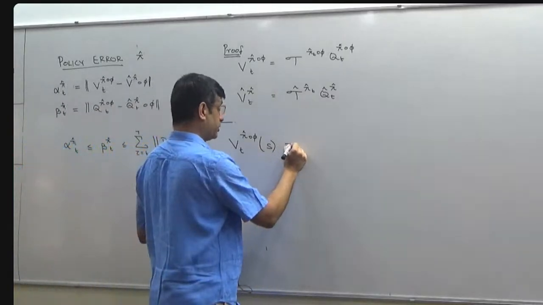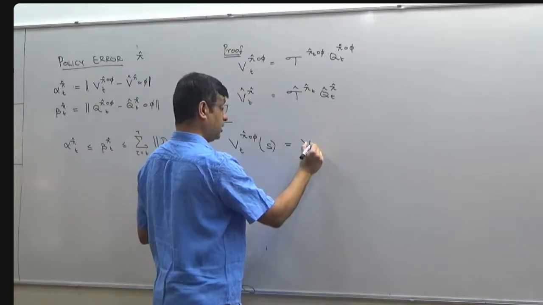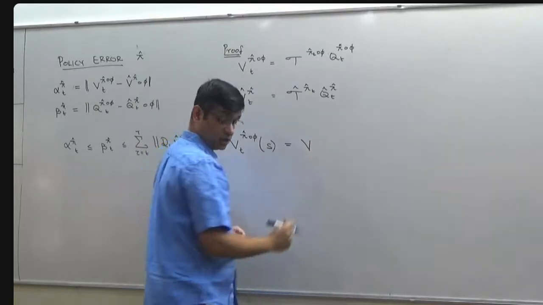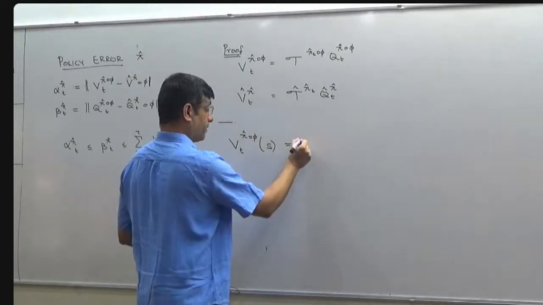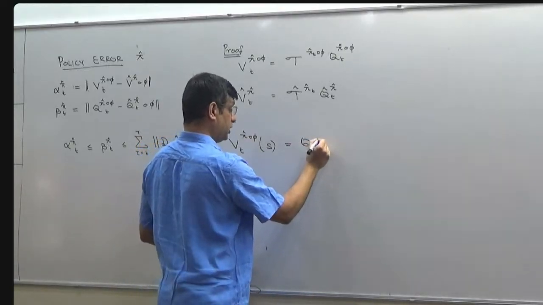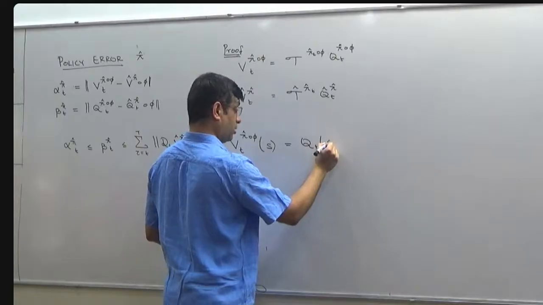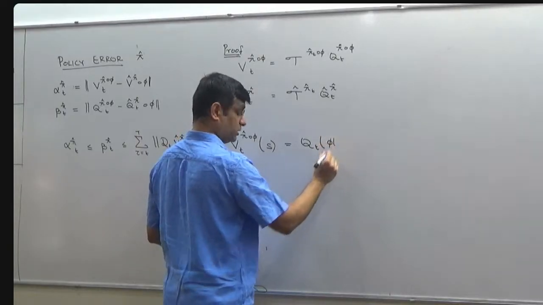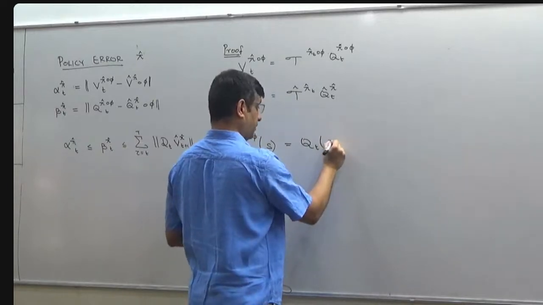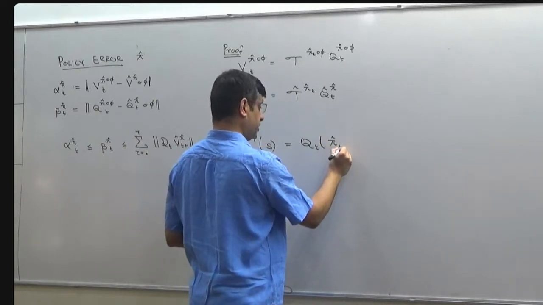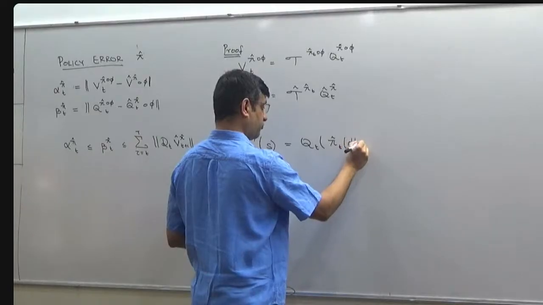This is equal to q t of s and pi hat t of phi of s.